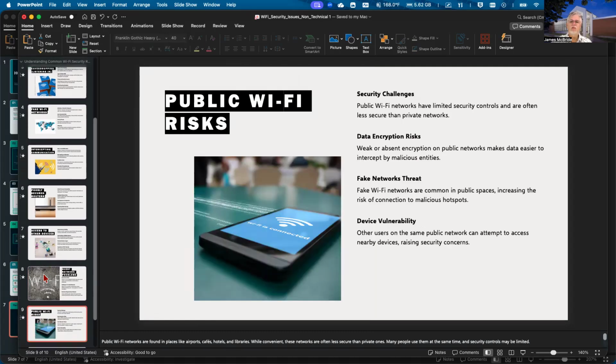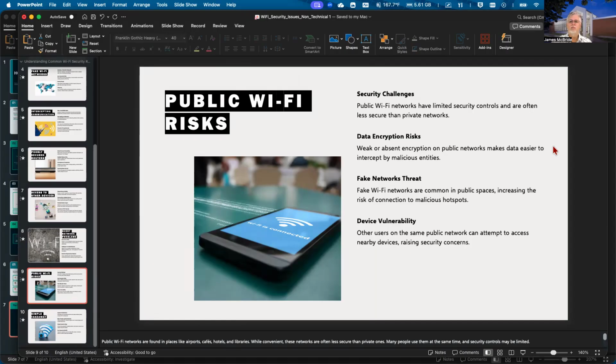So public Wi-Fi, we've already talked about. There are data encryption problems with that. You don't know what they're doing with encryption. You're connecting to their public network. The fake networks are often out there in the middle of nowhere, in a hotel someplace. And then other users on the same network can attempt to access nearby devices.